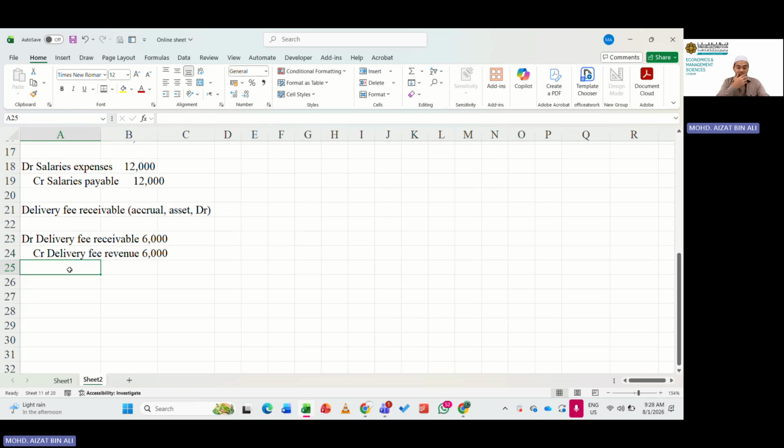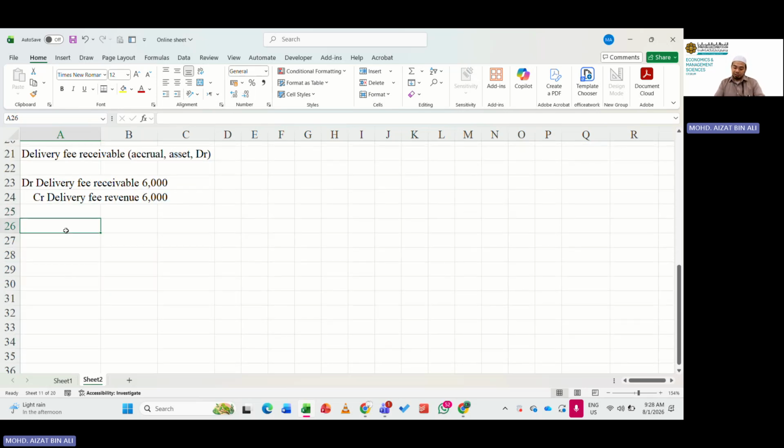Next, number five. Of the unearned commission income of 20,000 ringgit, 40% was earned on 31st December. So what does it mean? Look at the table, unearned commission revenue. Focus on the unearned part. It means that we have received the commission revenue, but we haven't earned it yet.